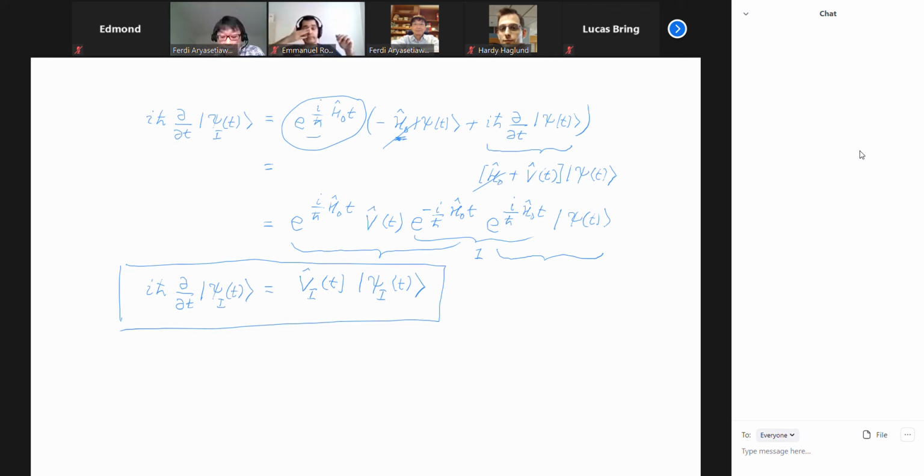The nice thing about this equation, as we mentioned at the beginning, is that the H0 disappears from this equation. Well, it doesn't disappear. It's contained in this state here, which contains, of course, the H0. But the equation itself has no explicit dependence on H0.